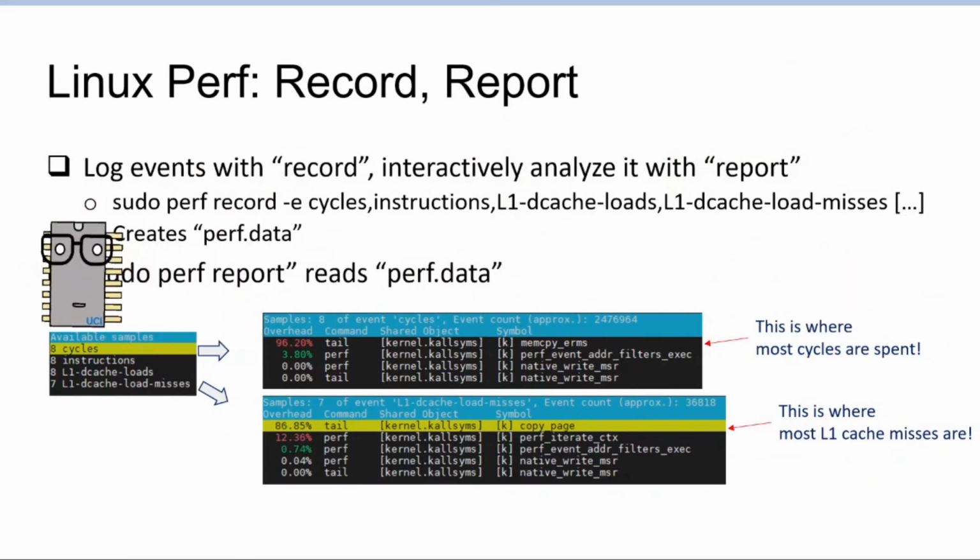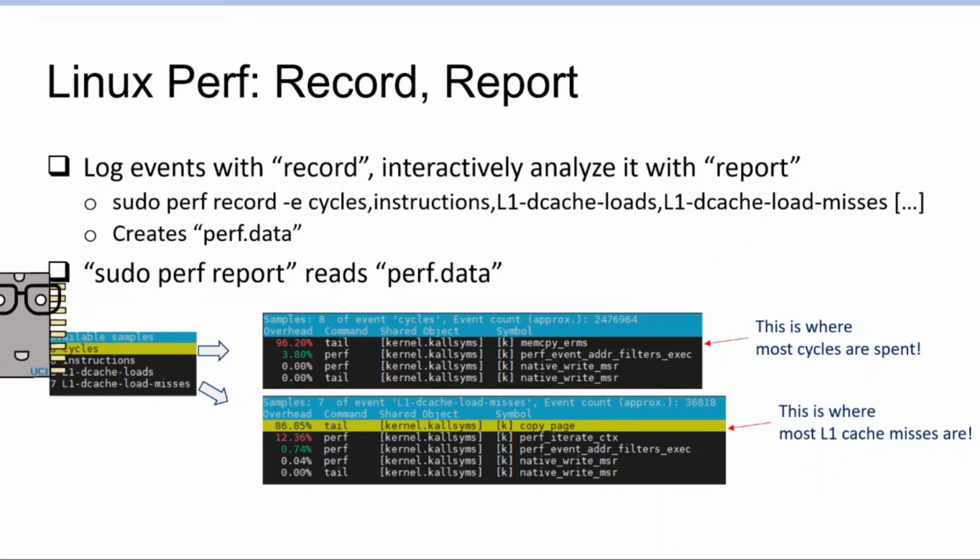This will generate a file called perf.data in your local directory. And then if you run sudo perf report, it reads the perf.data file and you can use your arrow keys and whatnot to navigate the tool to look at what exactly is going on.